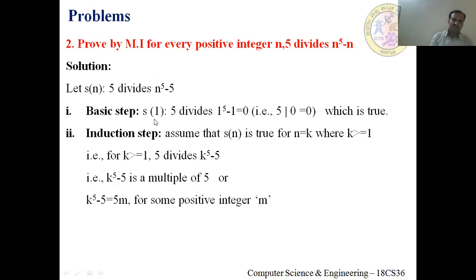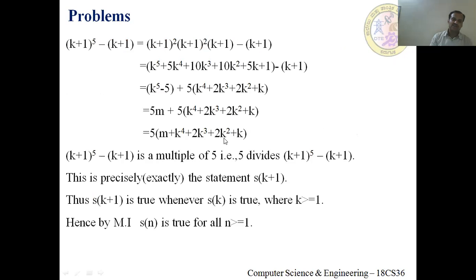S of n is 5 divides n to the power of 5 minus n. S of k is 5 divides k to the power of 5 minus k. S of k plus 1 is 5 divides k plus 1 to the power of 5 minus k plus 1.